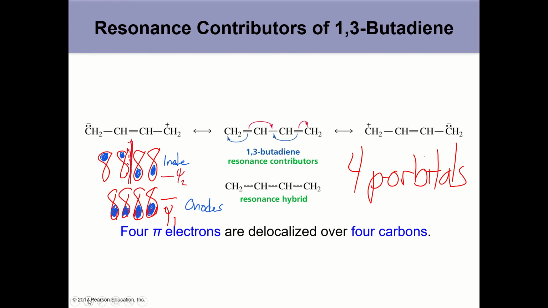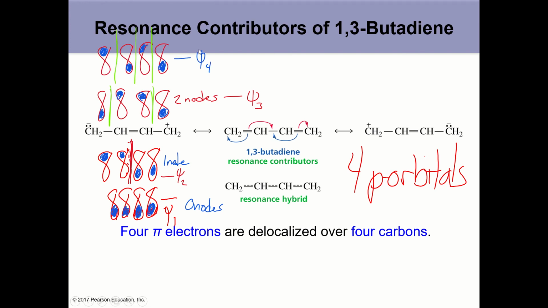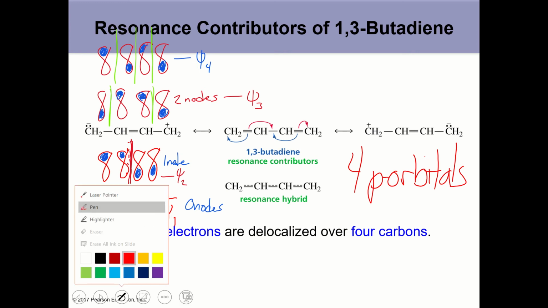So then we can move up again in energy, and now we have 2 out of phase interactions, or 2 nodes, as shown by the green lines, and only 1 bonding interaction where the phases match. And that's called Psi3. That's our 3rd molecular orbital for butadiene. Then we have our 4th molecular orbital for butadiene. The lowest orbital of a molecule always has all phases matching.